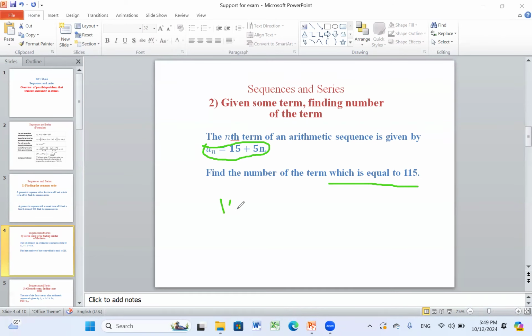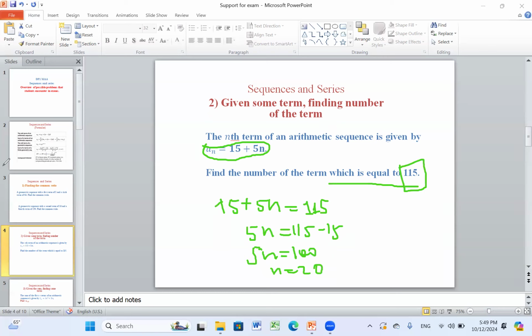We don't know which term. 15 plus 5n is equal to 115. So obviously 5n is equal to 115 minus 15. 5n is equal to 100. So n is equal to 20. So for this arithmetic sequence, n is equal to 20, the 20th term will be equal to 115.